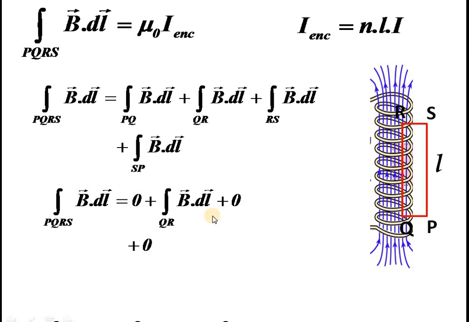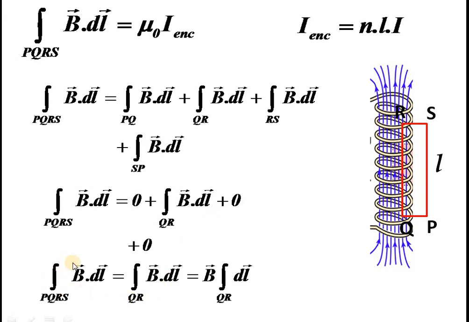So what happens next? Integral over PQRS is equal to integral QR B dl. But inside the solenoid, the magnetic field is constant, so it is not integrated and we take it outside. So we get B into integral dl.